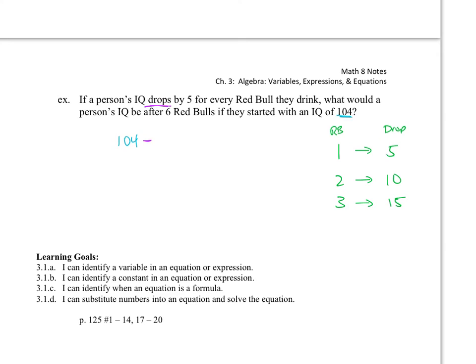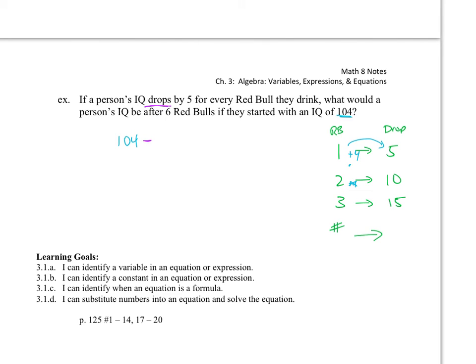Well, what if I had a certain number of Red Bulls, like that we don't know, a variable? How much is it going to drop? When I look at this, I think, okay, how do I get from 1 to 5? Well, I can add 4 every time. 1 plus 4 gives me 5. Does it work to do 2 plus 4 to get to 10? No, it doesn't work. So how else can I get to 5?